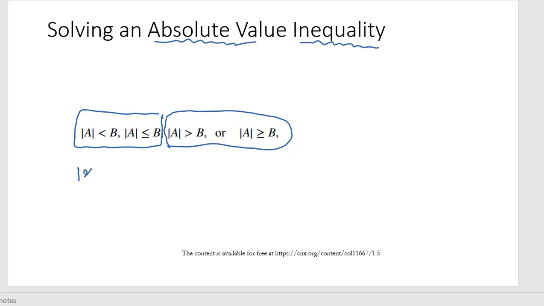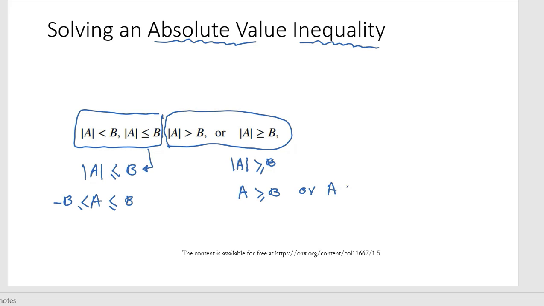So when absolute value of A is less than B, or less than or equal to B, then A is between B and negative B. When absolute value of A is more than B or more than or equal to B, then A is more than or equal to B or A is less than or equal to negative B.